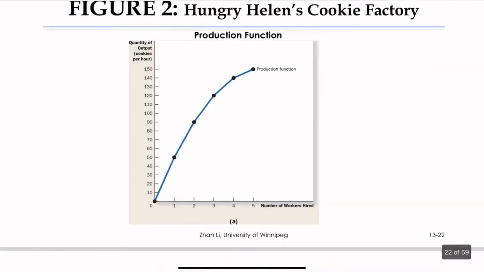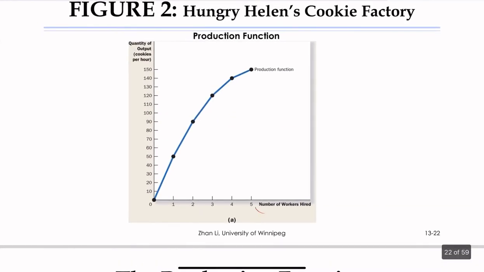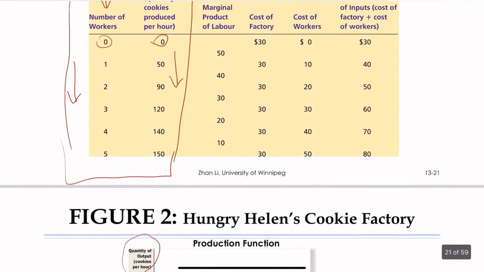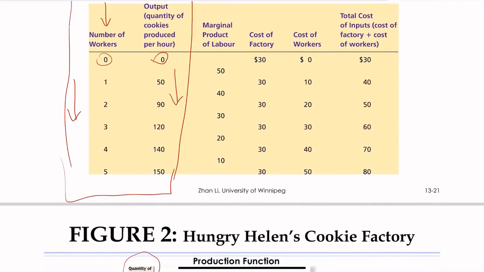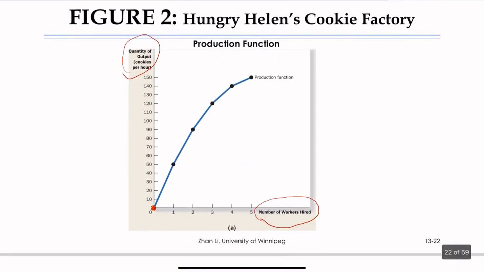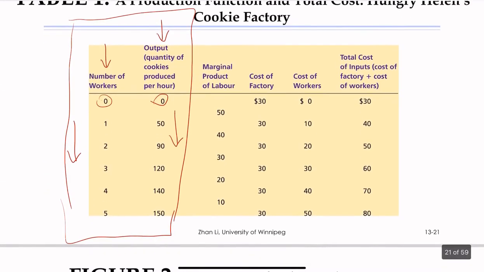So we use the horizontal axis to indicate the number of workers and the vertical axis to indicate the quantity of output. Now you can see that this is the first point. Now what about the second point? If you have 1 worker, then you would produce 50 cookies. Great, now we have the second point, right? Now what about the third point?